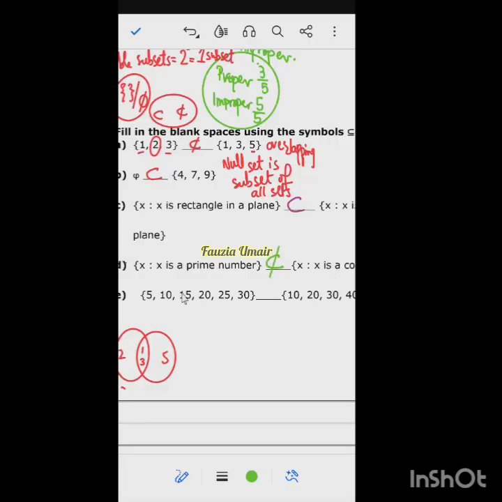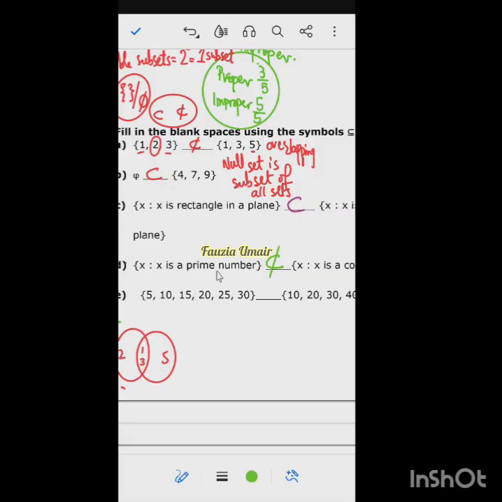Because they are opposite. A prime number cannot be a composite number, just like a vowel cannot be a consonant, right? So a prime number cannot be a composite number. Either a number would be a prime number or a composite number.